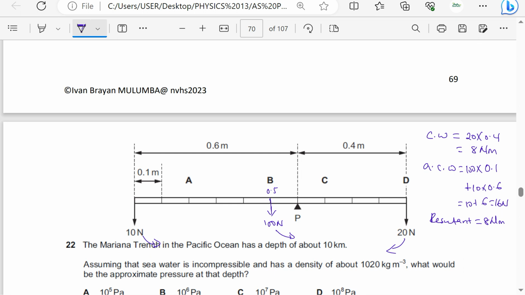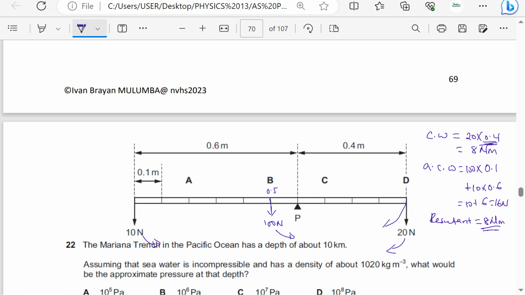Therefore, the resultant is 8 newton meters, so we need another 8 newton meters to counter this 8 newton meters. Remember, to produce a moment of 8 newton meters, the force of 20 newtons should be placed at 0.4.